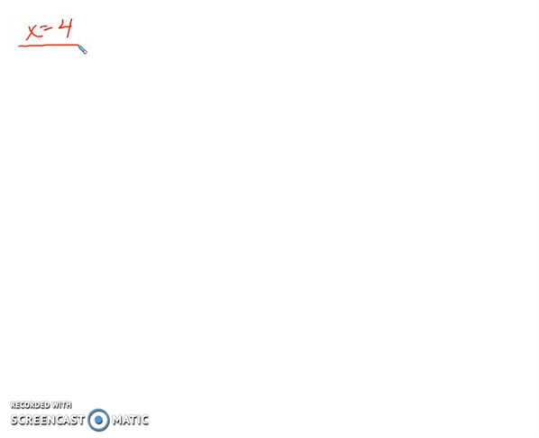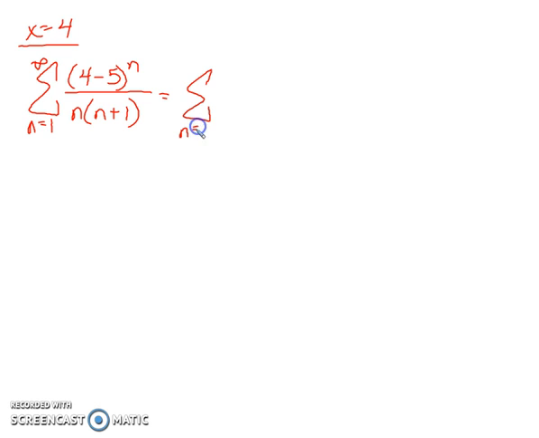So I'm going to start with x equals 4. If x was to equal 4, then my formula would be the sum from n equals 1 to infinity of (4 minus 5) to the n over n times n plus 1. Or, simplifying that, the sum from n equals 1 to infinity of (-1) to the n over n times n plus 1.